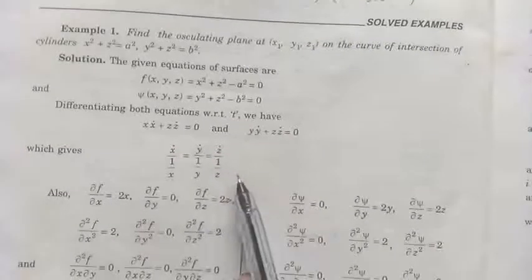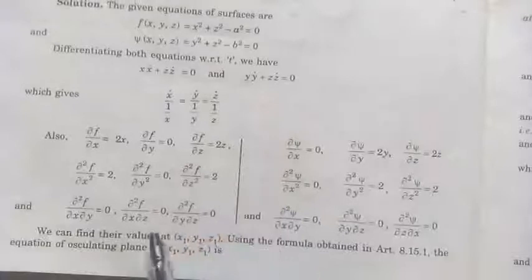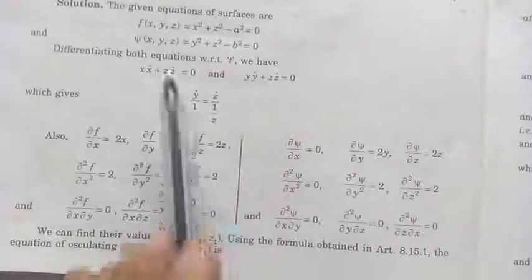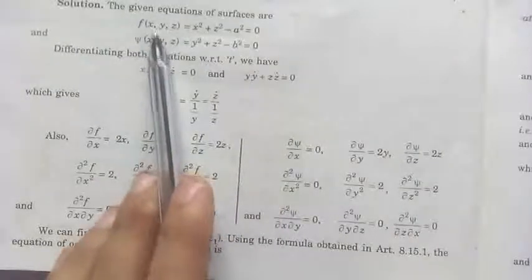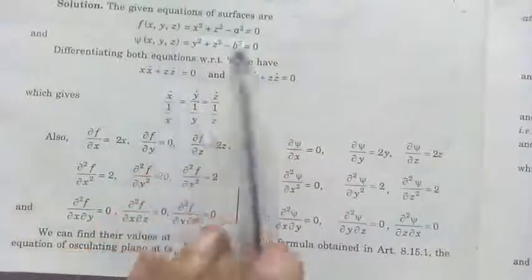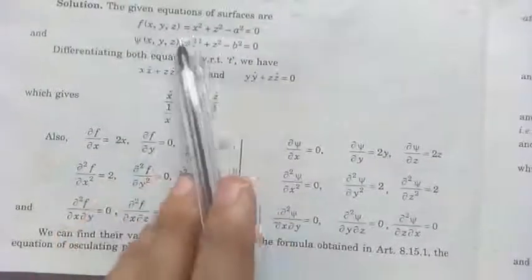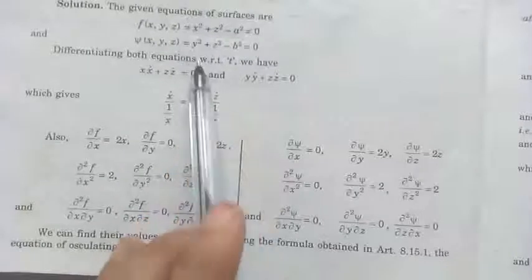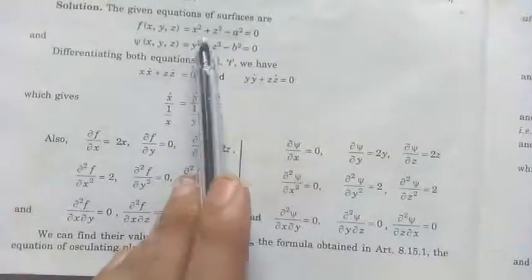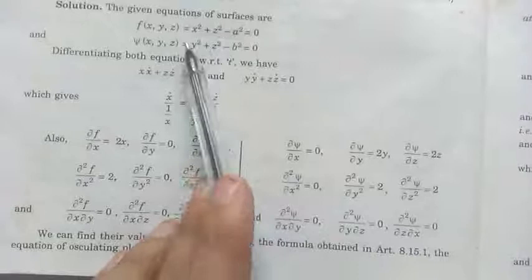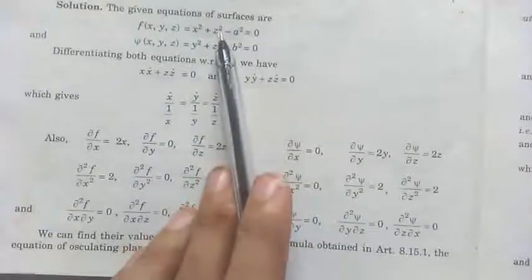Now according to our requirement, we require all the derivatives. So let us find the derivatives of first order as well as second order of the function f. So ∂f/∂x, from here the derivative of x square is 2x with respect to x, and the derivative with respect to y is 0.